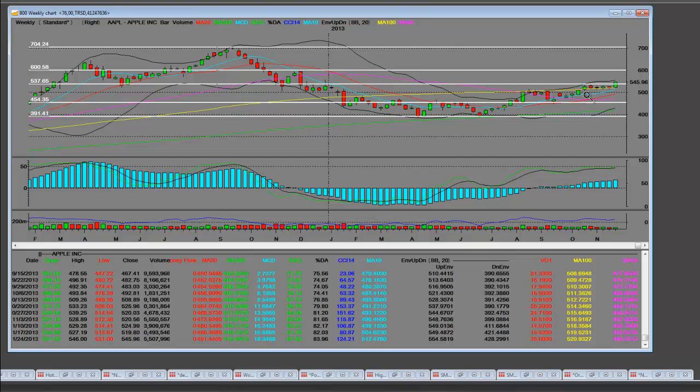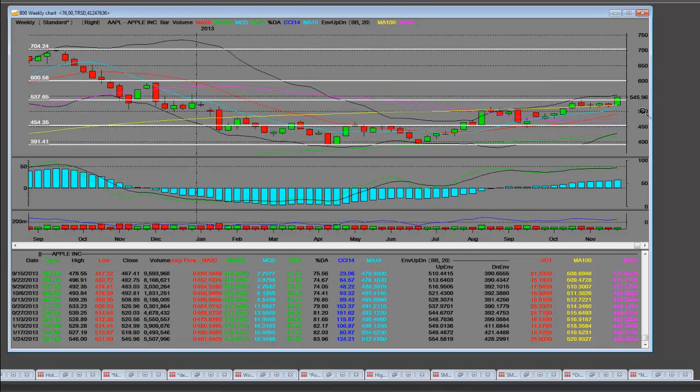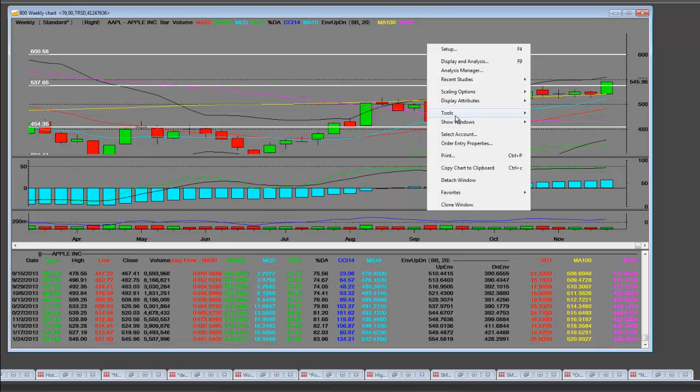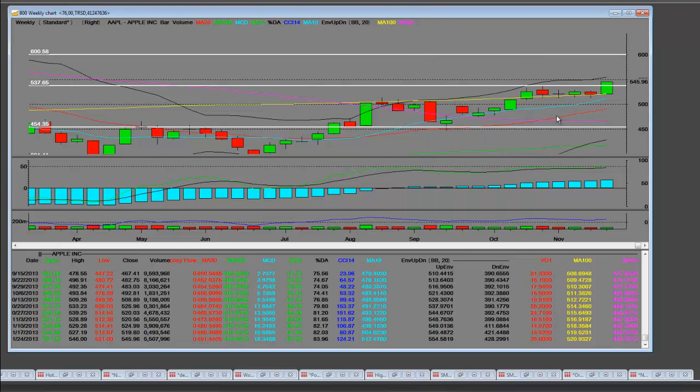And that Apple, once again, was putting in a weekly base at the 100-week moving average. And as we were telling all our MMTs, during this weekly time frame, the 100-week moving average was rising in value. It was going higher, and it was.